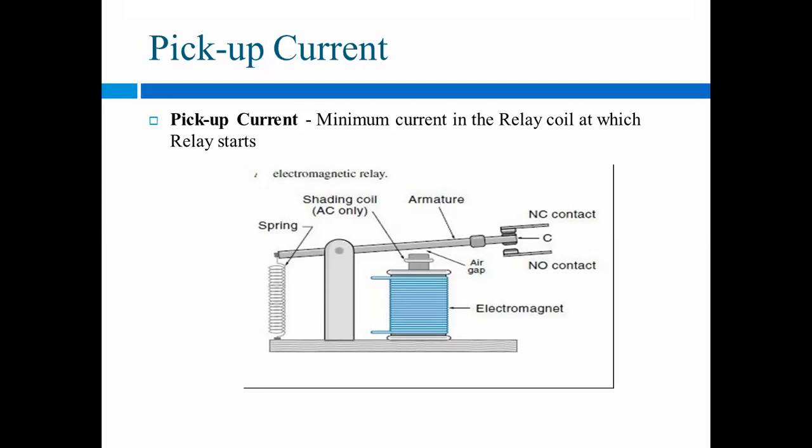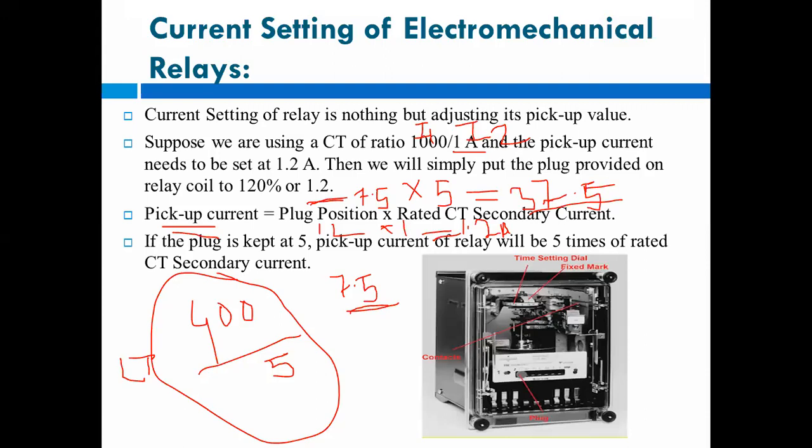But if the current flowing goes beyond that pickup current, then your relay will start operating. Okay, so this is the minimum current in the relay coil at which your relay starts operating. That is the pickup current.